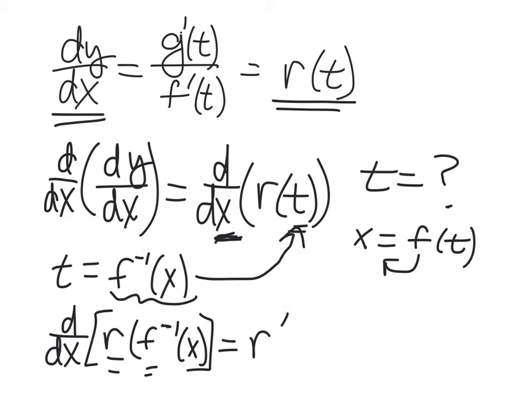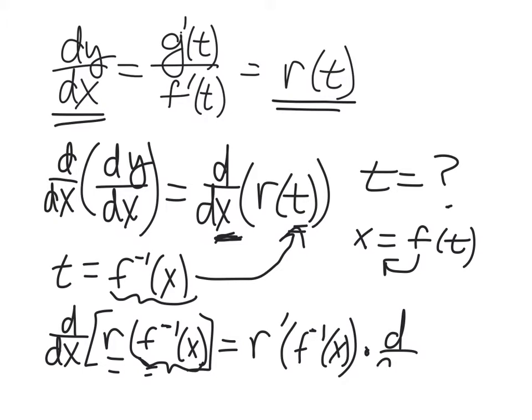The derivative of the outside, we'll do the prime notation. R will be the outside. Now, this isn't just r primed of x, but it's r primed evaluated at the inside function. So that would be the chain rule, the derivative of the outside part, times the derivative of the inside.